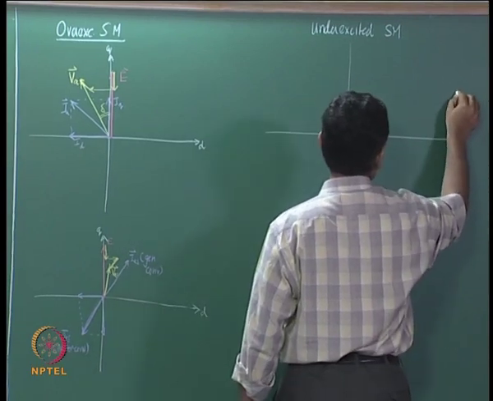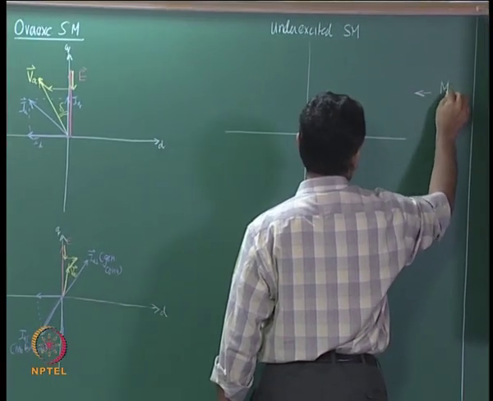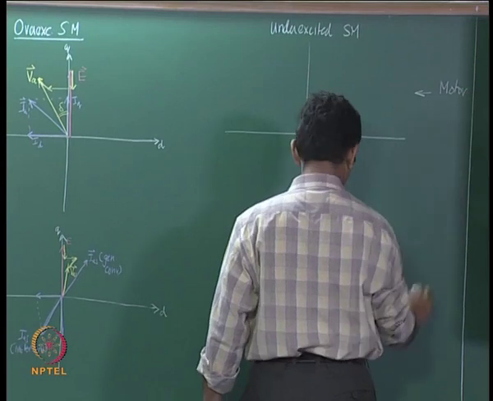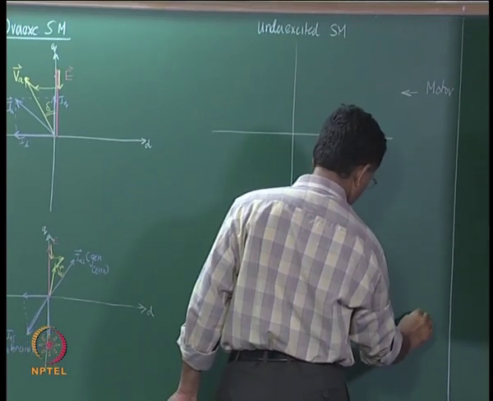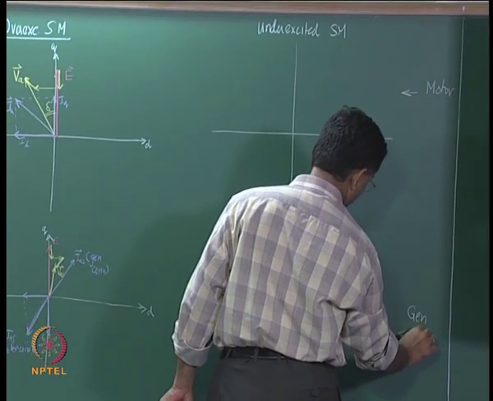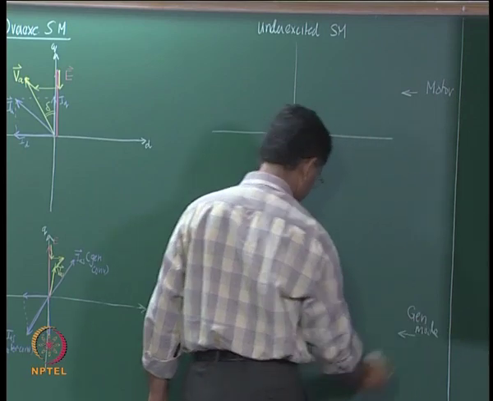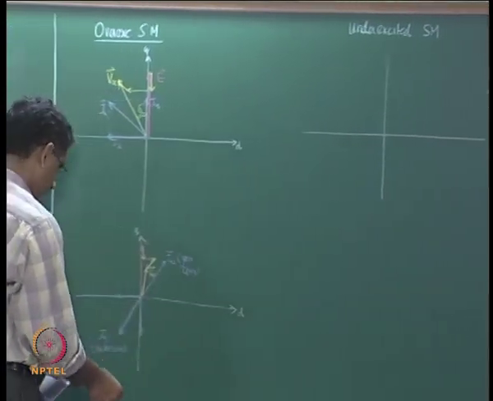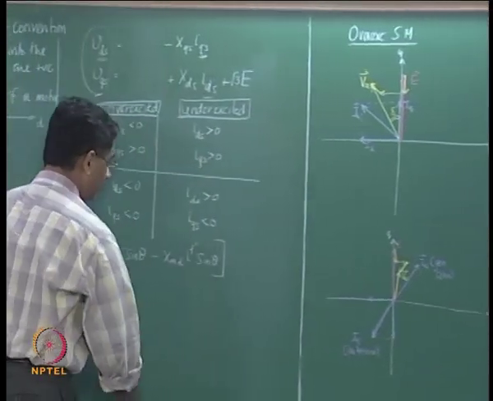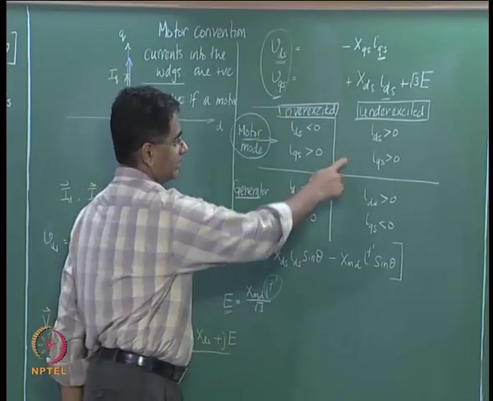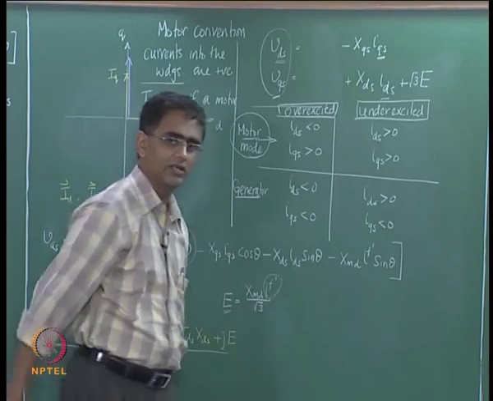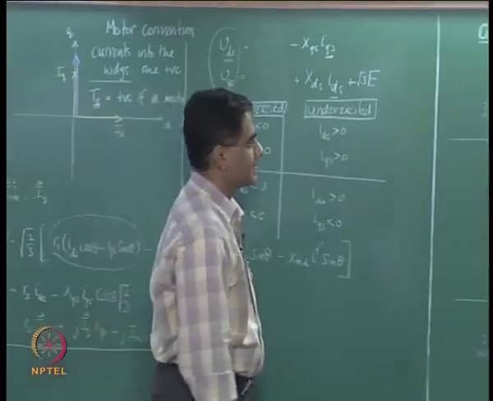So, these diagrams correspond to the motoring mode, and what we are going to draw here, they correspond to the generator mode. So, the under excited synchronous motor. The under excited synchronous motor has IDS greater than 0.